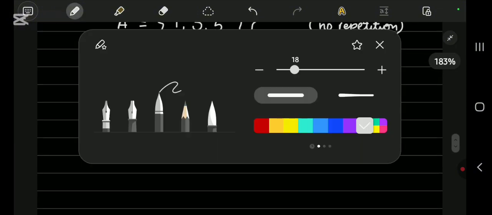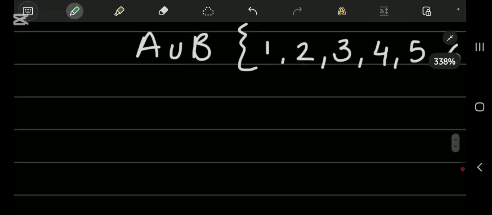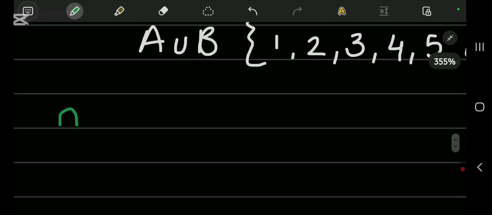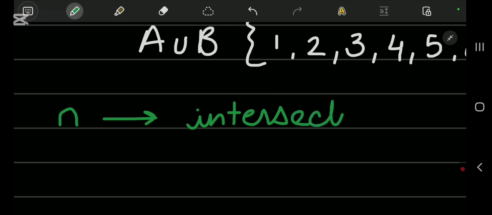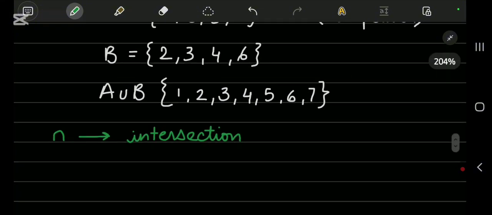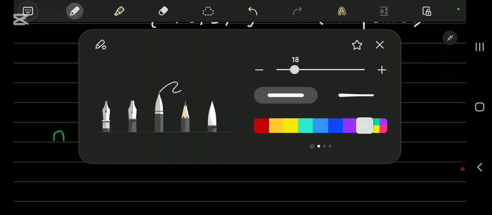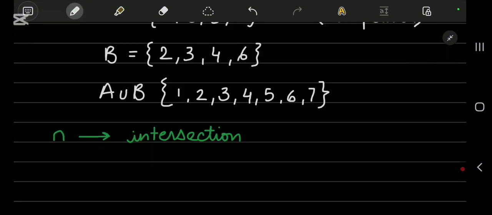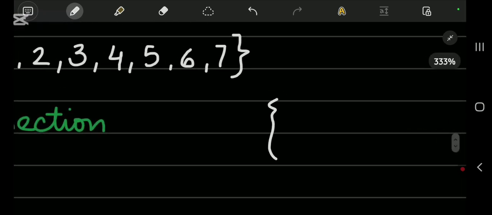Now the next one is intersection. Intersection is the upside down U, and what does this represent? Intersection represents just the common elements.